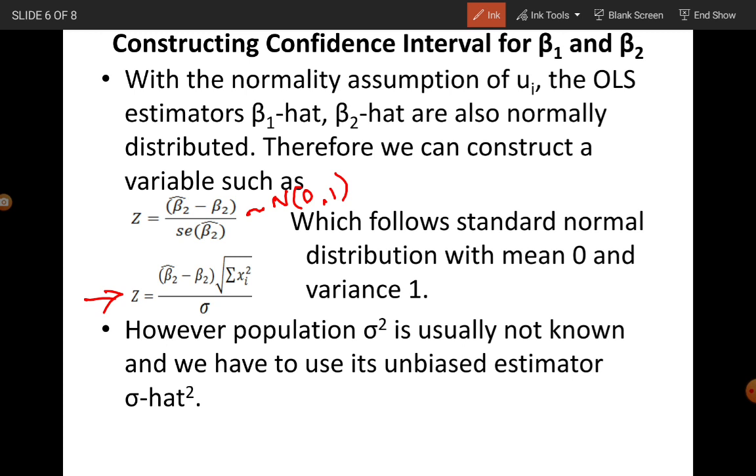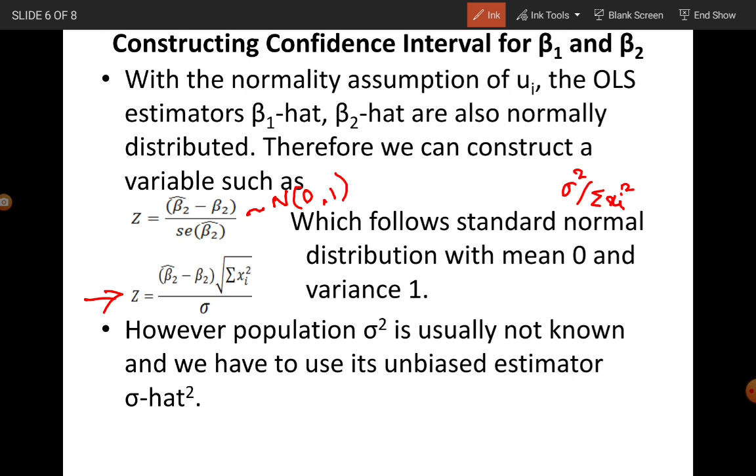So standard error of beta 2, if you remember, is defined as sigma square divided by summation xi square.